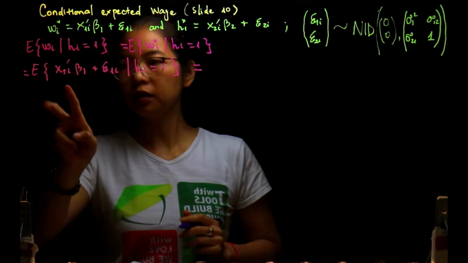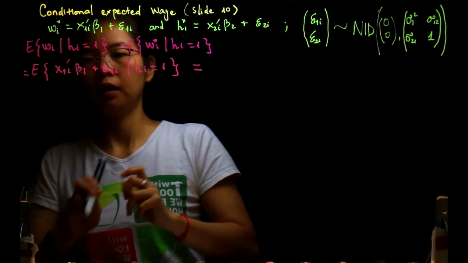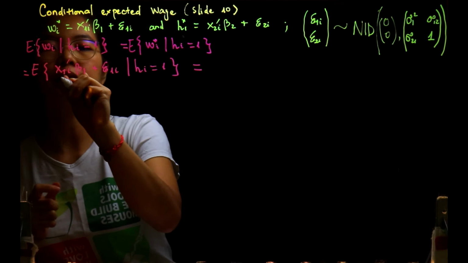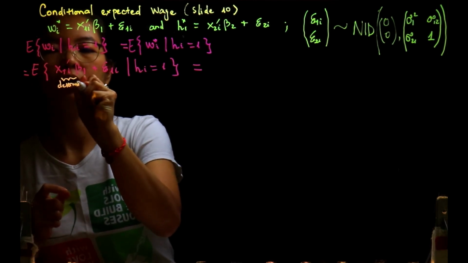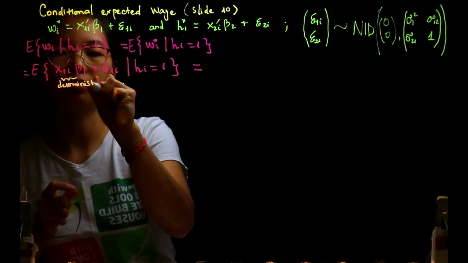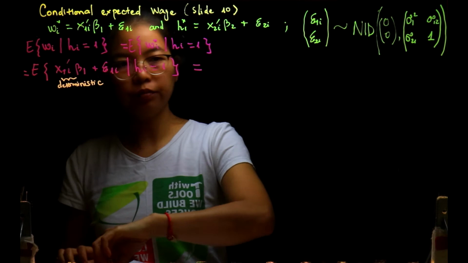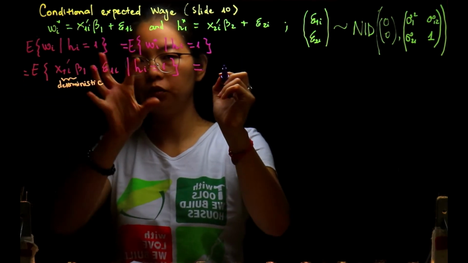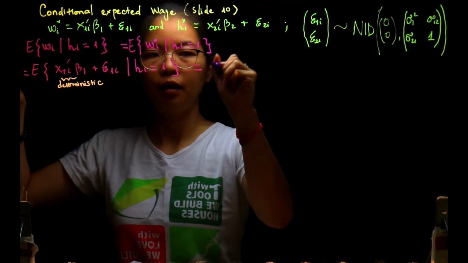Now the next thing to realize is that x1i prime beta is deterministic, as ever, with the linear model. Therefore, when you take the expectation, you can just pull it out of the expectation sign.